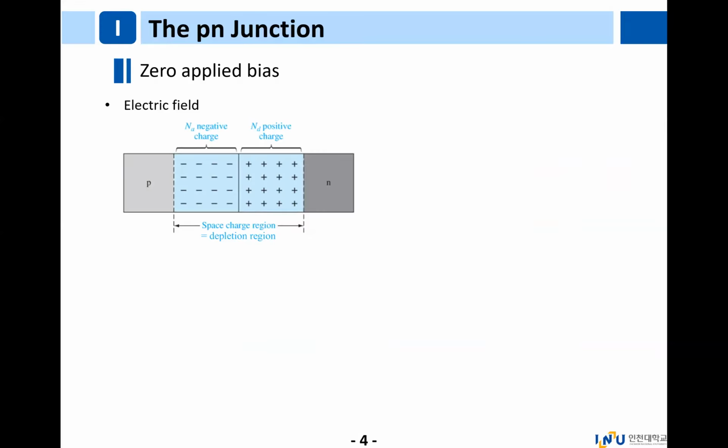Then let's analyze the p-n junction. First, we will consider the charge density in the p-n junction. In the p-n junction, carriers in the junction region diffuse and recombine, leaving behind fixed charge: minus fixed charge of acceptor ions in the p-type and plus fixed charge of donor ions in the n-type.